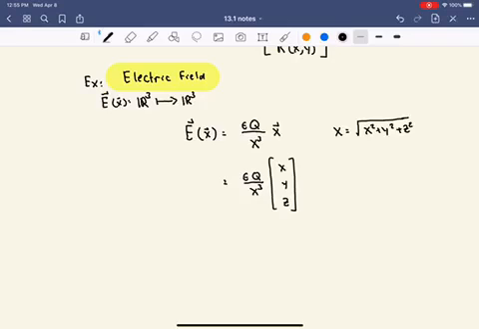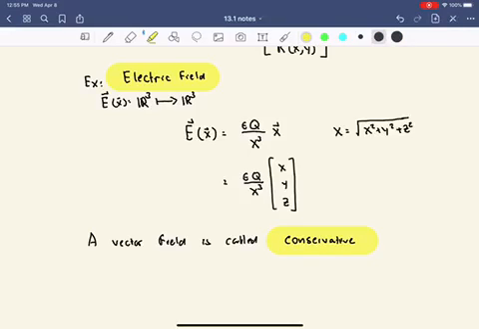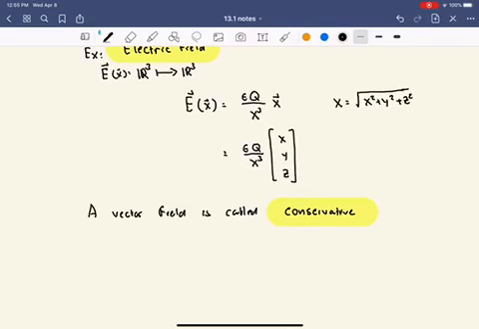Now, a vector field is called conservative, okay, if it is the gradient of a scalar function.